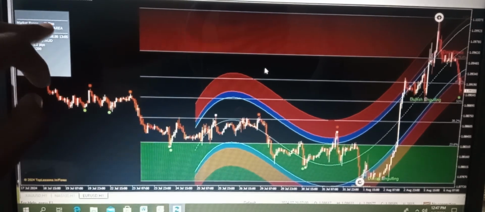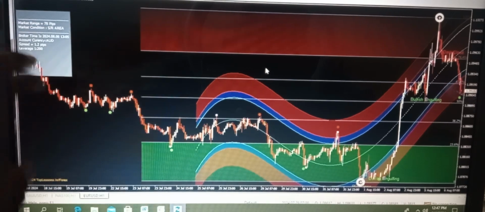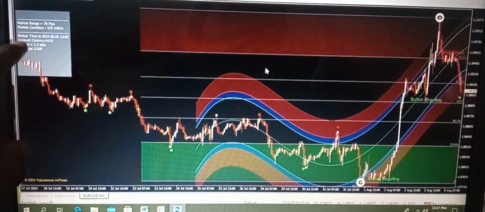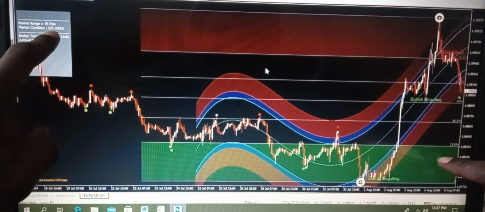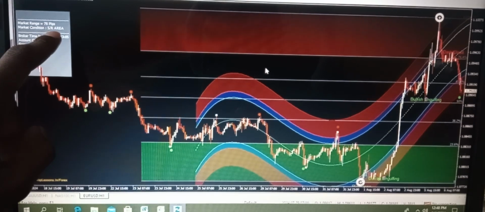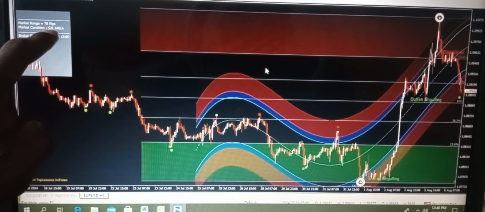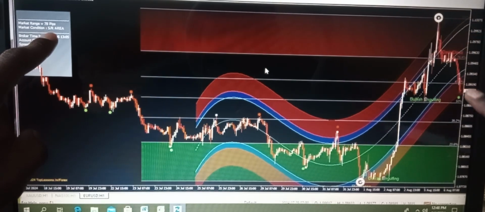So the market condition is the one that will give you a signal. If it says SR, it simply means you're not going to enter as scalpers, because this one is the signal for scalpers, right? So it will say SR, which means the market is at the support or resistance. Then it will change. If the market reaches a certain price where there is a signal, it will say safe trade. So if we are here and it says safe trade, it simply means we are going to take a sell trade.